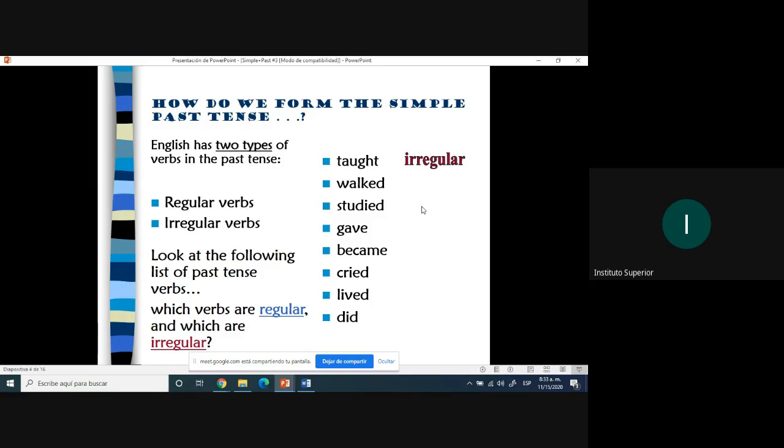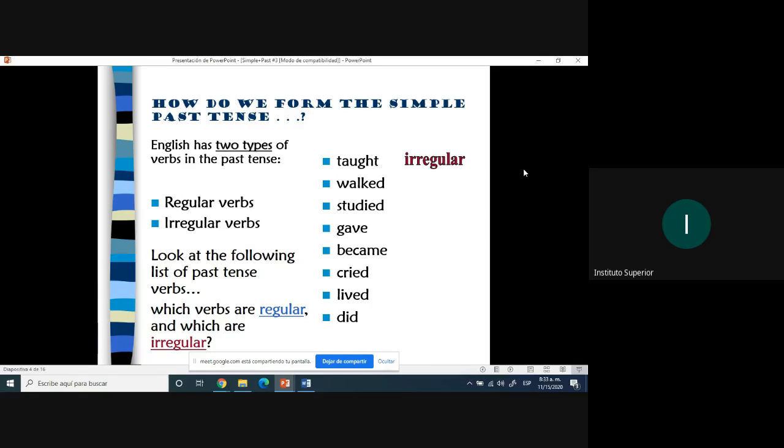Ellos se adaptan a todo, ellos son todoterreno, pero los irregulares, esos son unos inadaptados, digo yo. Ellos cambian por completo su escritura y su pronunciación en muchos casos. Claro, hay casos especiales, que vamos a estar viendo por ahí algunos. Entonces, in order to create a sentence in the past tense, we have to take into consideration that the verb suffers a change.